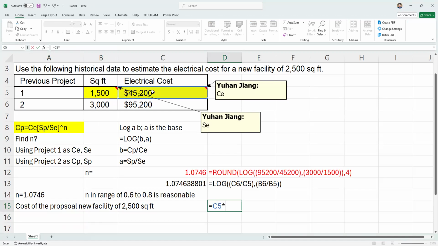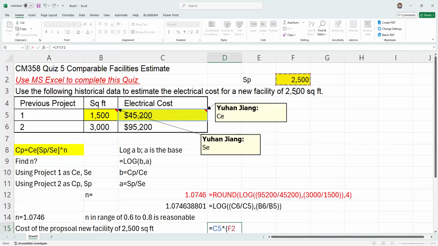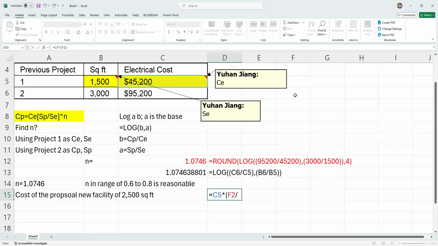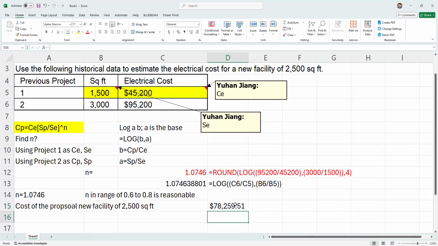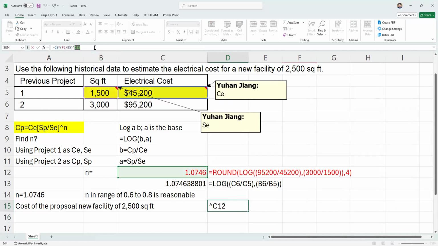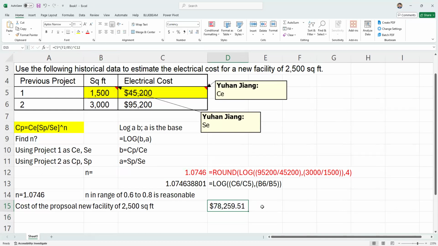Times the size you proposed, which comes from here, divided by the size of your node, which comes from here. And the given n power here is referred to this number. So you're getting the same number as me?